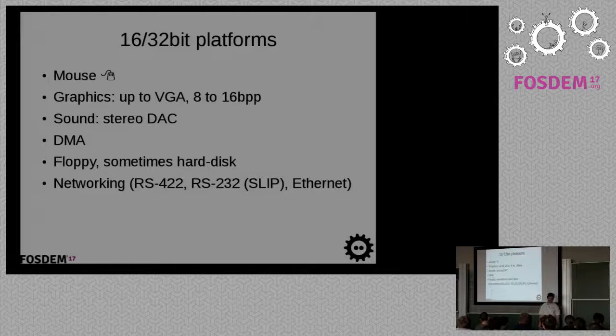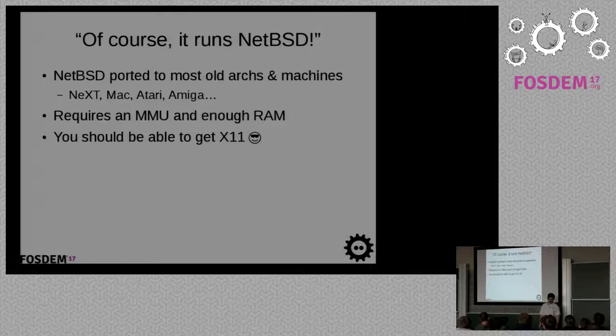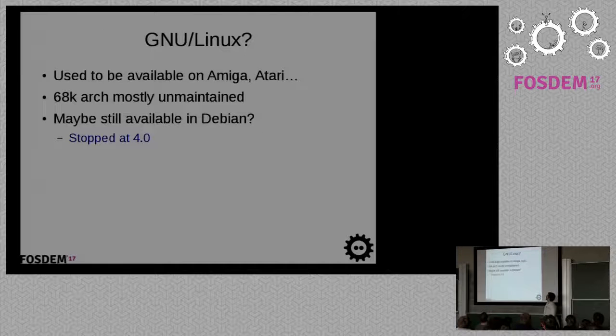Ethernet wasn't really the standard at the time. Of course, they run NetBSD, sorry, because NetBSD has been ported to most architectures, even toasters, I've heard. So yeah, you need an MMU, of course, and enough RAM, but you might be able to get an X server to run. GNU Linux used to support those machines long ago.